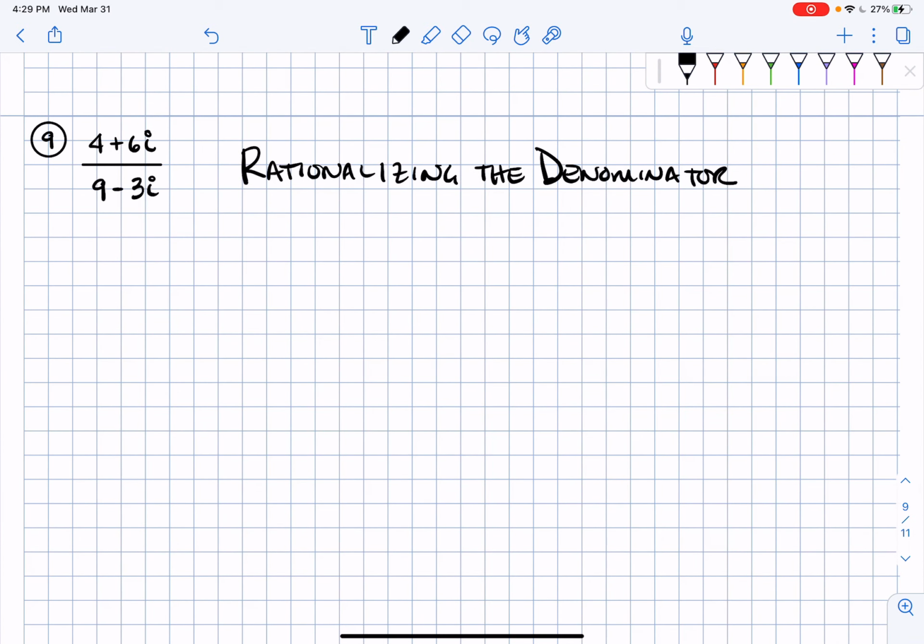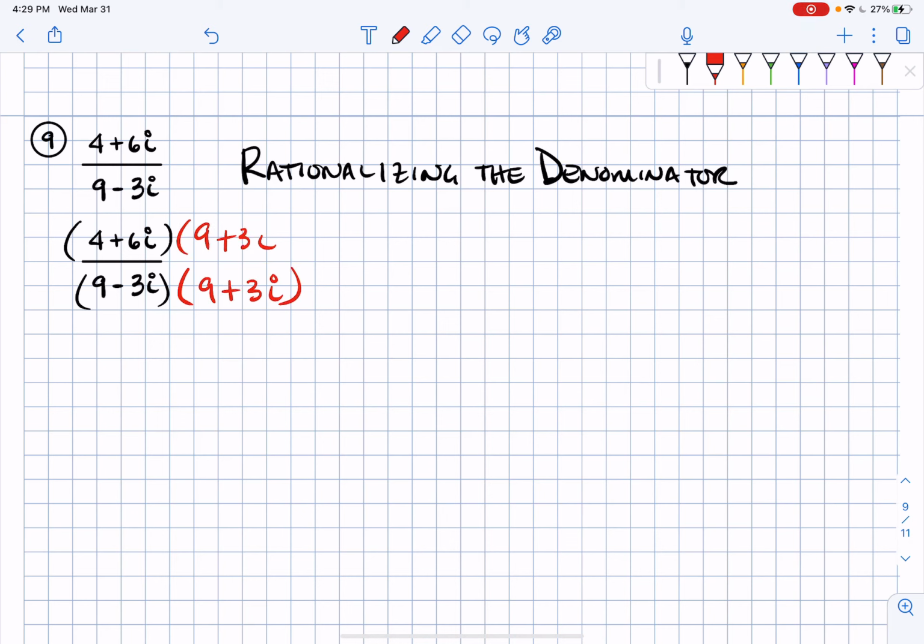Rationalize the denominator. So this is what I'm going to do. So the first thing I would do is put parentheses around these. And since I want to get rid of the i in the denominator, I would multiply it by the conjugate. Okay.